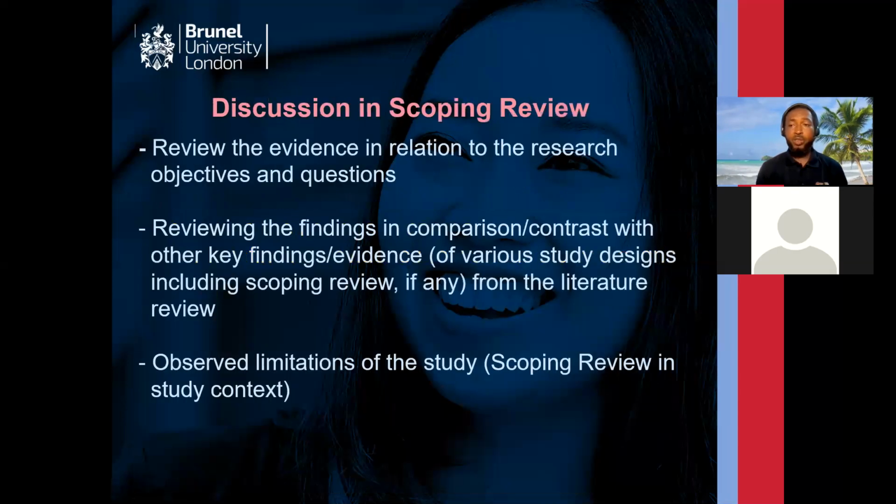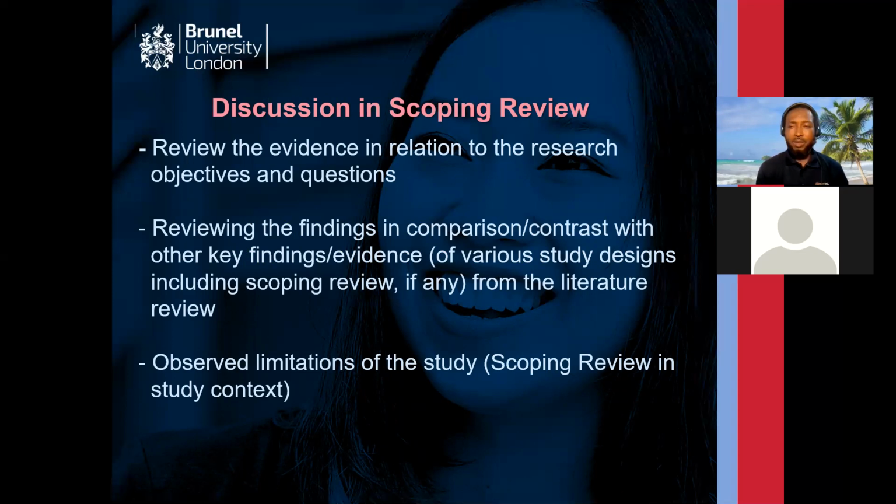It's pretty straightforward. Then for the discussion in a scoping review, you want to review the evidence in relation to the research objectives or questions you have. Just review it to see how the evidence has been able to respond to your research questions. You also review the findings in comparison and contrast with other key findings and evidence from various study designs, including scoping reviews, if there are any.